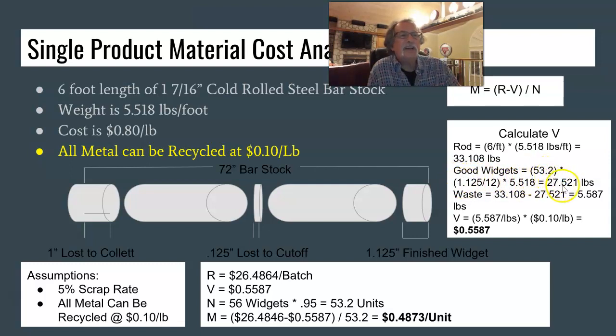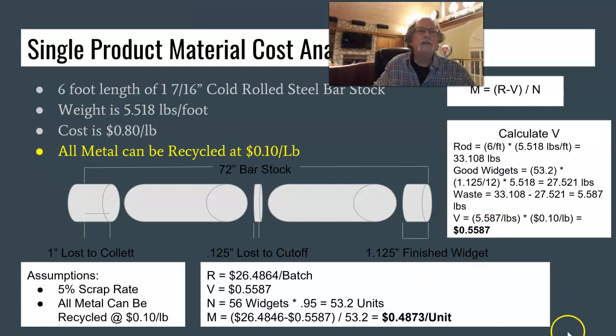That's the good material in this bar. So the bar weighs 33.1 pounds. We're going to have 27.5 pounds of good material. That means our lost material is 5.587 pounds. We get 10 cents a pound. We get 55.87 cents back.